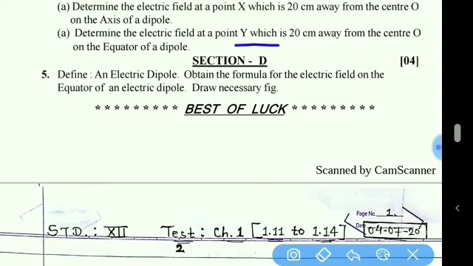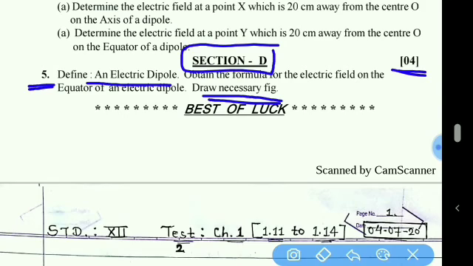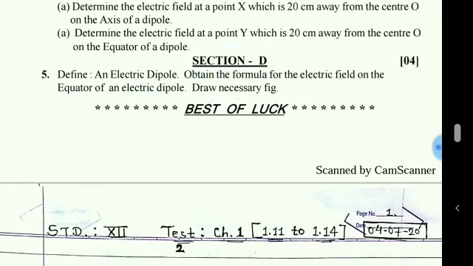Now section D, question number 5, which carries 4 marks. Here you have to define first an electric dipole, and then with necessary figure you have to derive an equation of electric field on the equator of a dipole.